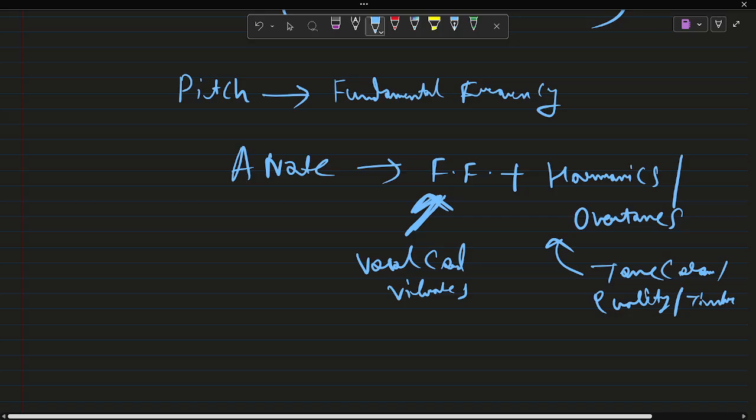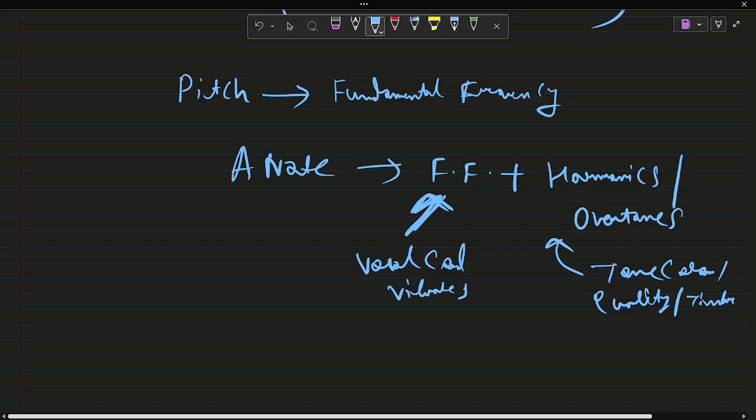I have discussed everything in my video regarding pitch. From these harmonics we get some frequency regions where we get a boost in frequencies. These boosted frequency regions are known as the formants.